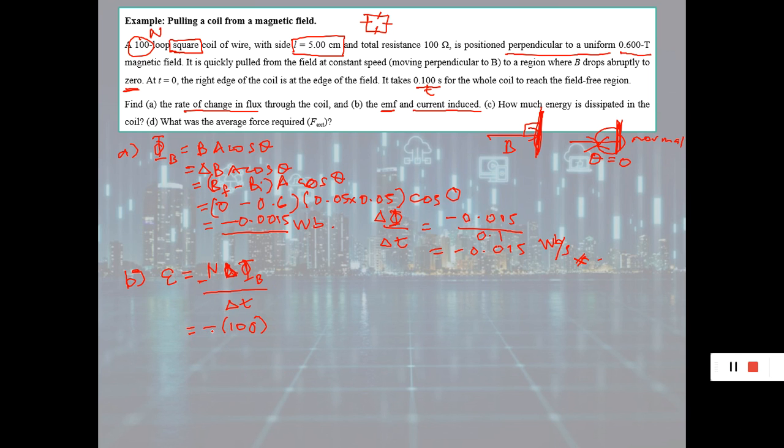Negative 100 times the changes in flux over changes in time that we obtained in the previous question, question A, negative 0.015. So here you will get negative 1.5 volt.